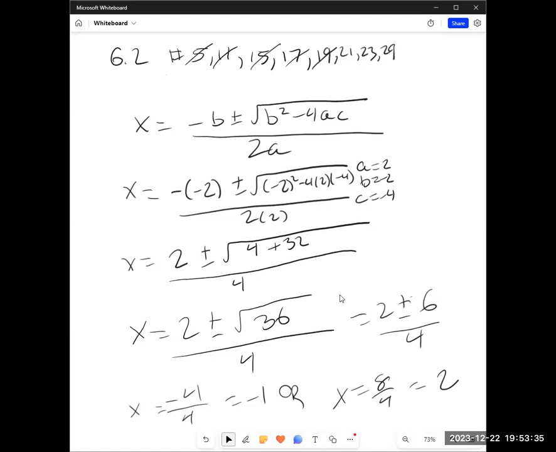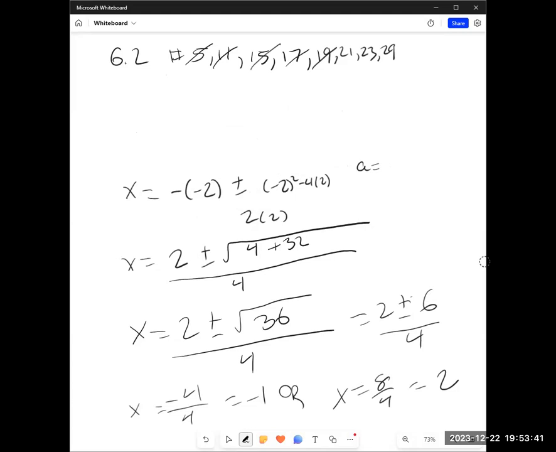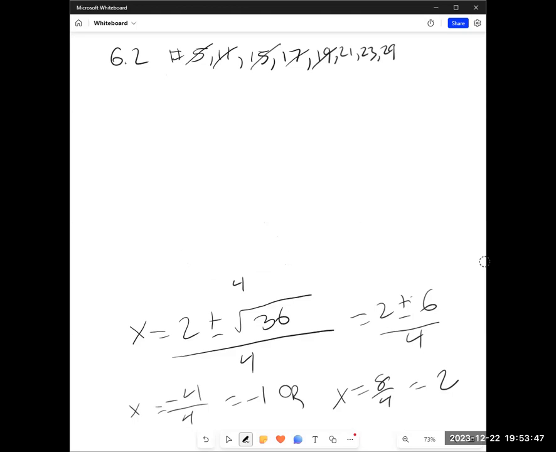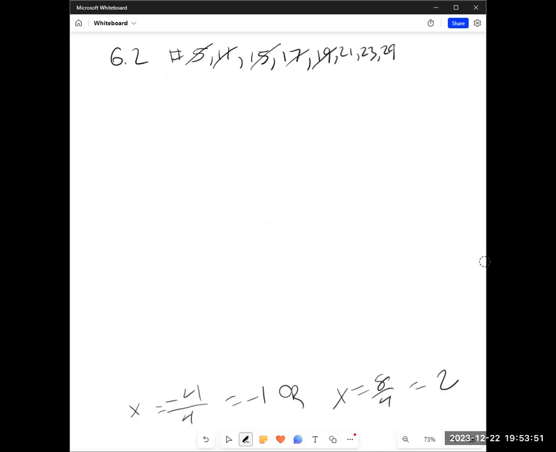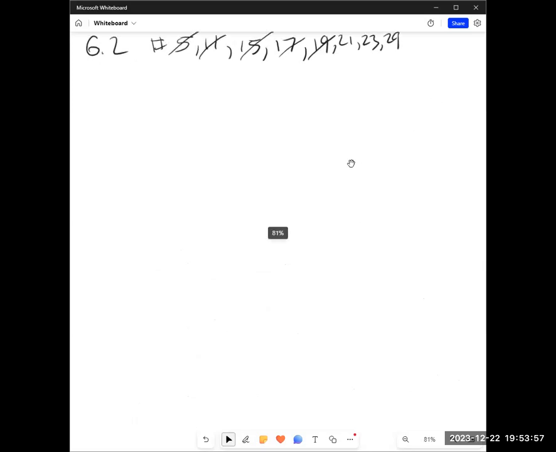So let's go ahead and do one more example here, which is the accumulated value of an investment or loan that has compounding interest. Let's zoom back in a little bit here.